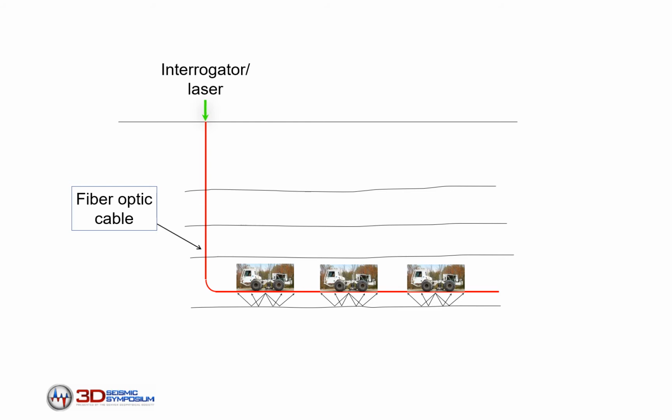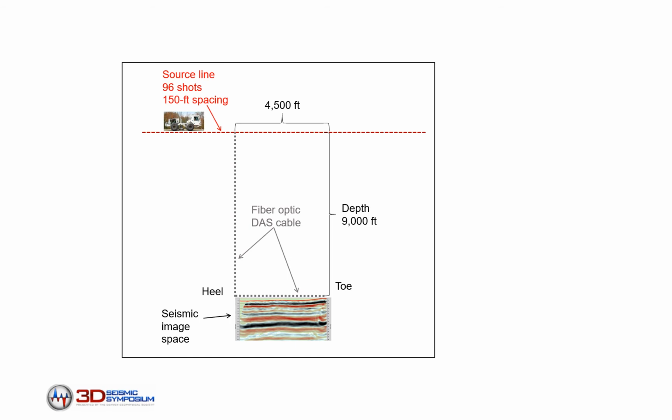So the example that I'll show you here is one in which there's the ground surface up here. We have surface seismic sources, in this case Vibroseis. We had 96 shots at a nominal 150-foot spacing along a 2D line. A little bit of a crooked line, but it's nominally a 2D line.